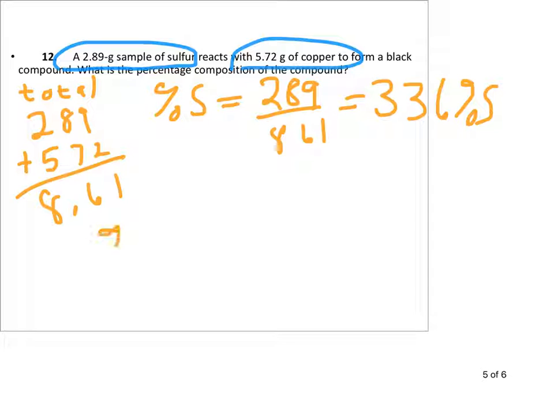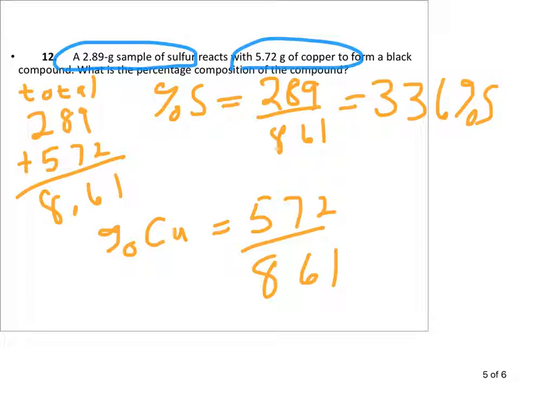And then our percent copper will be the 5.72 divided by the 8.61, which gives me 66.4%.